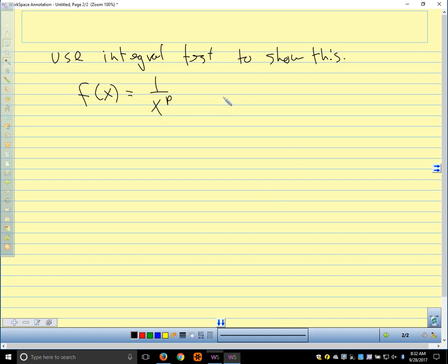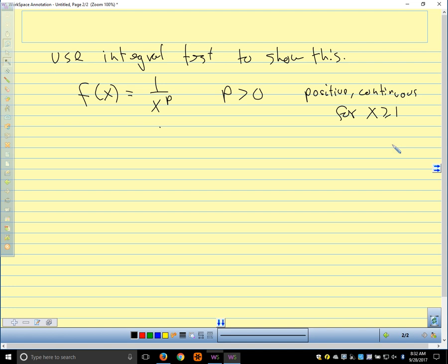And again, p is positive, greater than 0. Is this function positive? Yes. And continuous if x is greater than or equal to 1? Yes. So we have positive, continuous for x greater than or equal to 1.